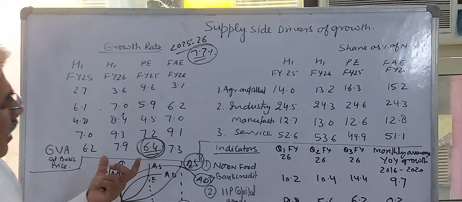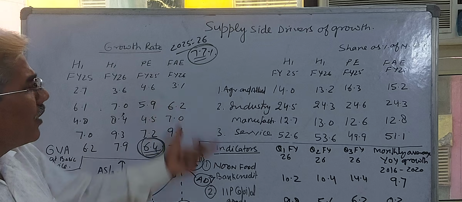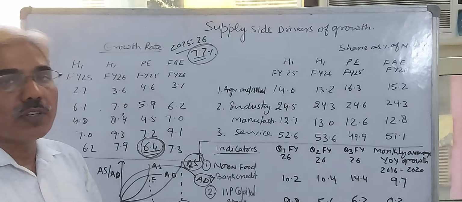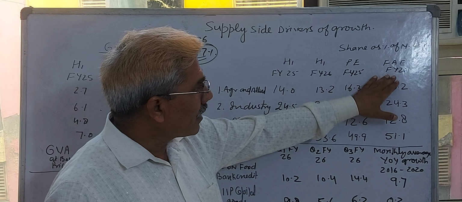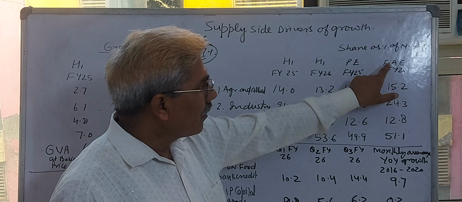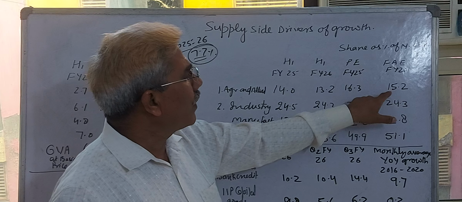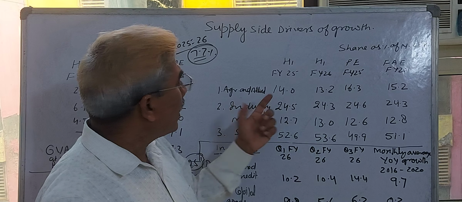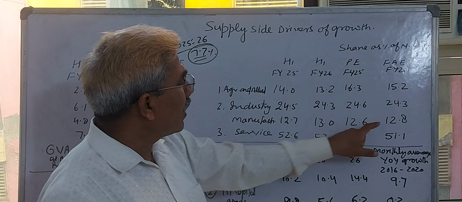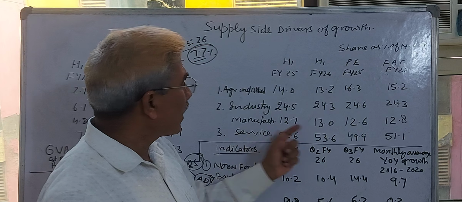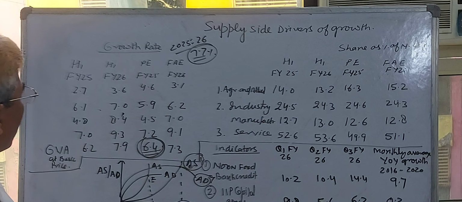What is this? It is only because of the strategy of the Government of India, which you can see by this kind of data. In the financial year 2026 first advance estimate, agriculture is assumed to contribute 15.2%, industry 24.3%, manufacturing 12.8%, and service sector 51.1%.